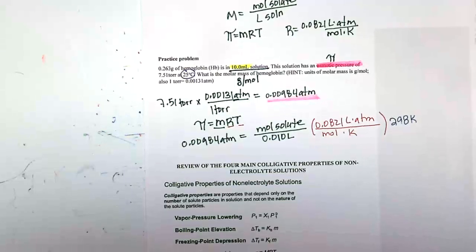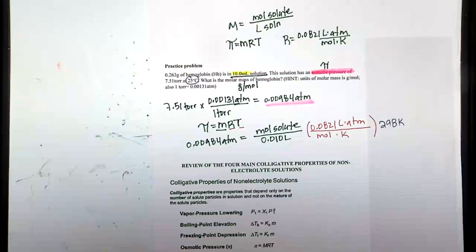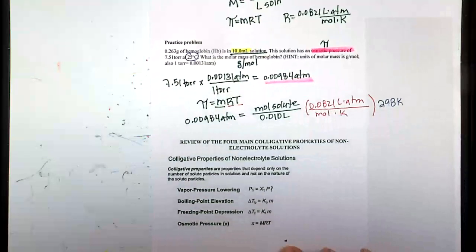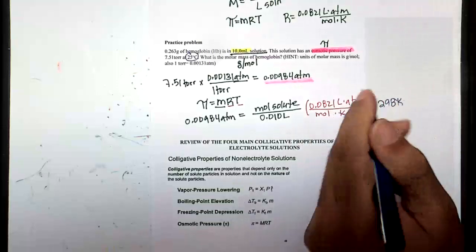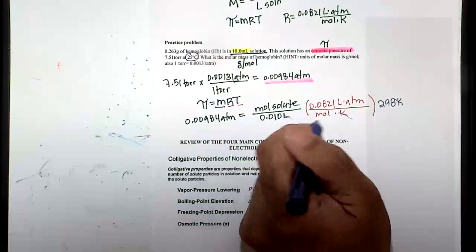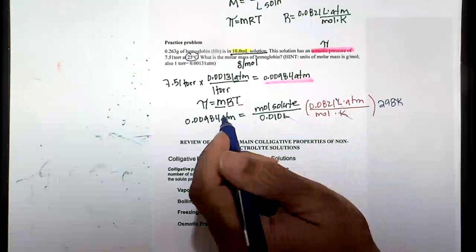Again, this is plug and chug. Kelvins cancel, liters cancel, atmospheres cancel. Like our previous problem, we'll solve for moles of solute.